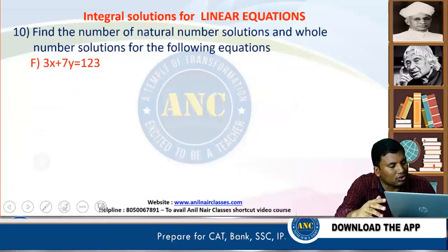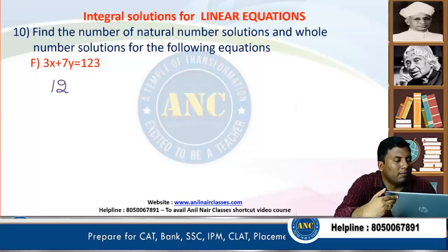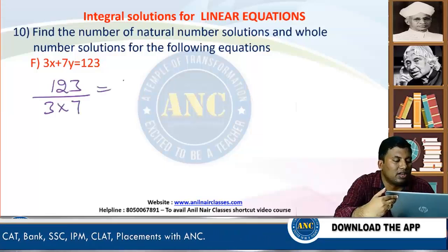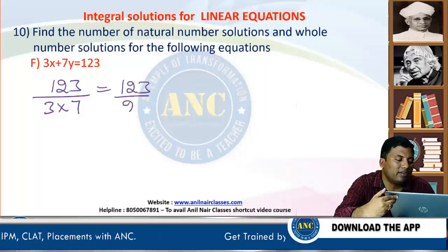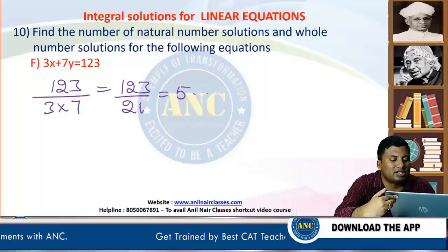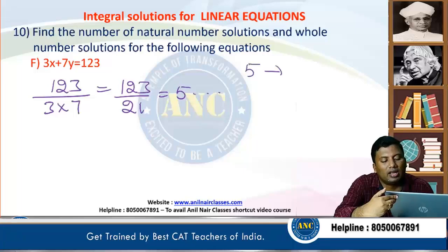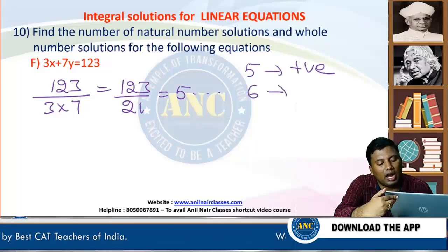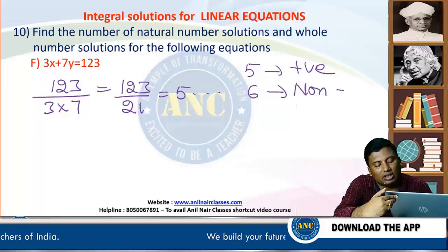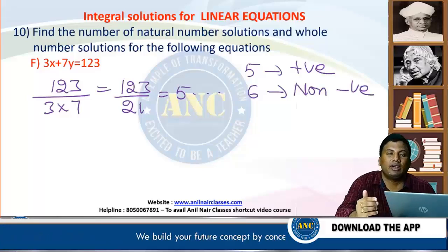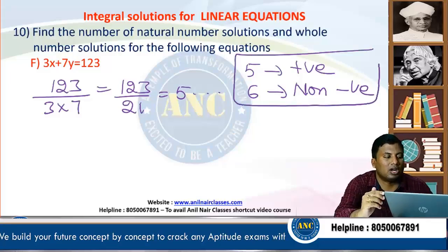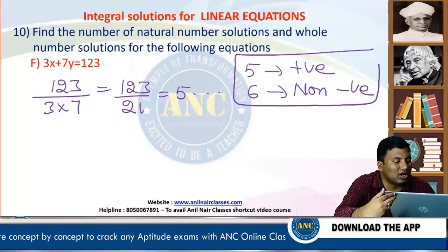Let us solve this question orally. 123 by 3 into 7, 123 by 21 is 5 point something, ignore the decimal, 5 is the positive integral solutions, add 1 to it, 6 is the non-negative integral solutions. Directly you got 5 positive, 6 non-negative.